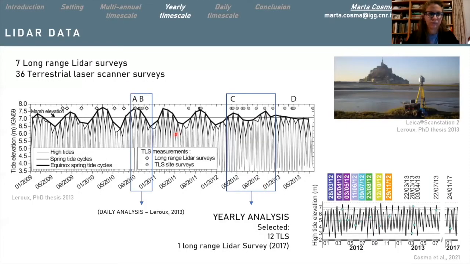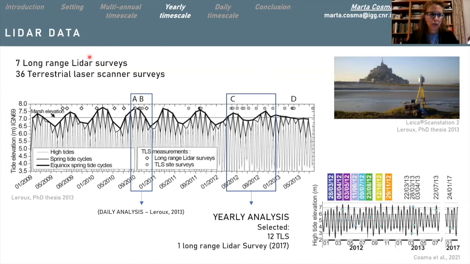In particular, from the Leroux work, he collected a lot of high resolution terrestrial laser scanner surveys. In particular, there are 36 TLS surveys between 2009 and 2013, and we also have 7 long-range Lidar surveys available.